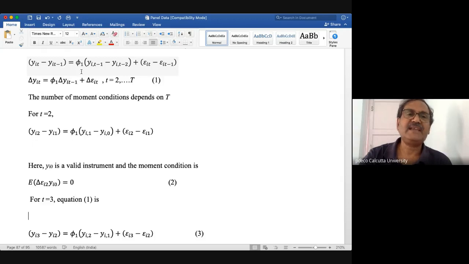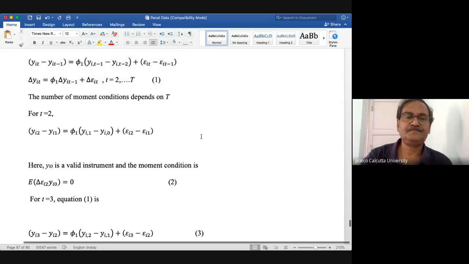Sorry, on the right hand side, it is phi1 into yi2 minus yi1, plus epsilon i3 minus epsilon i2.